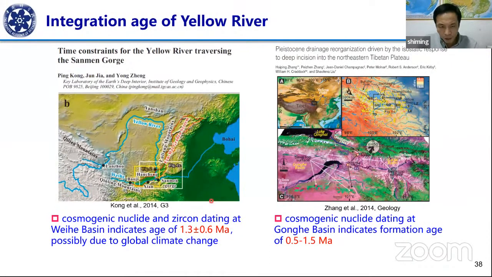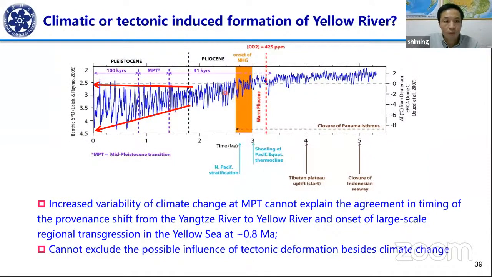However, they explain the development or birth of the Yellow River as caused by global climate change. Because we can see from the oxygen isotope that the variability of the global climate increased since 1 million years ago, or since the MPT, the Middle Pleistocene Transition.